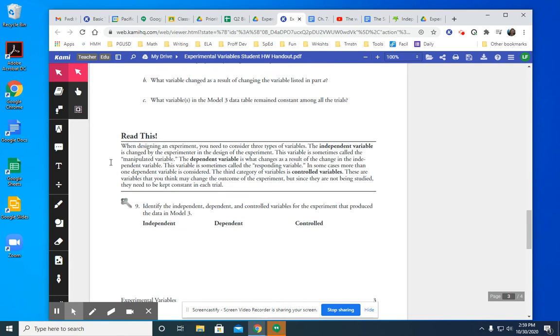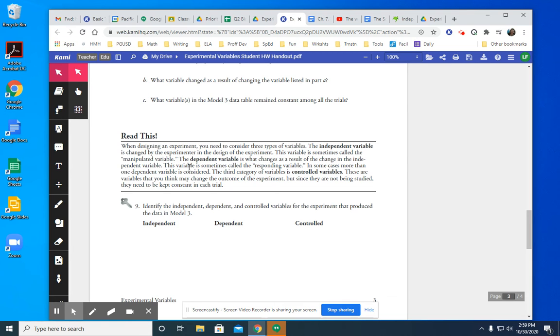Read this. When designing an experiment, you need to consider 3 types of variables. The independent variable is changed by the experimenter in the design of the experiment. This variable is sometimes called the manipulated variable. The dependent variable is what changes as a result of the change in the independent variable.